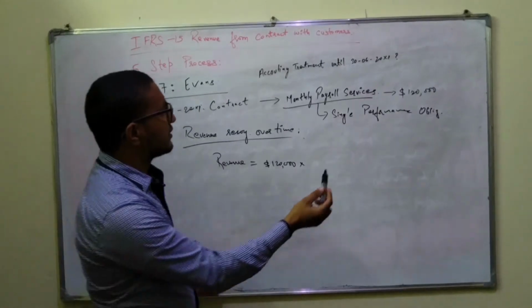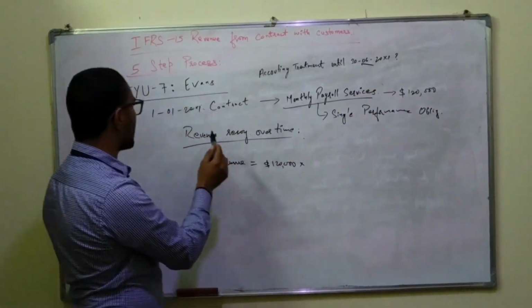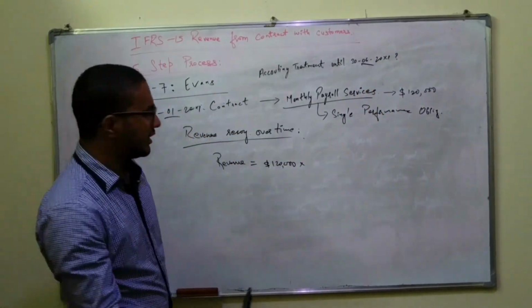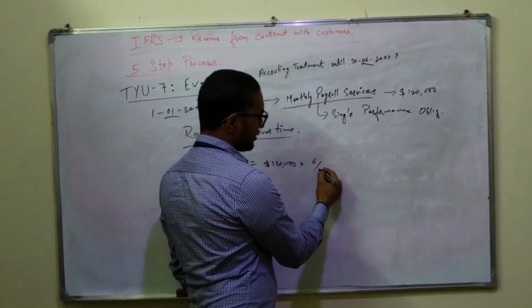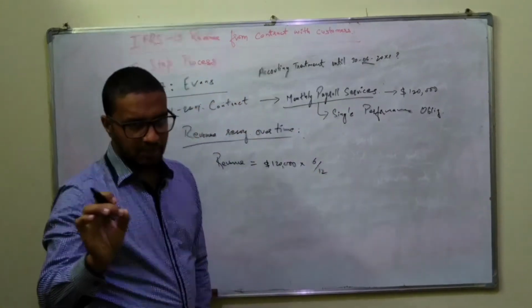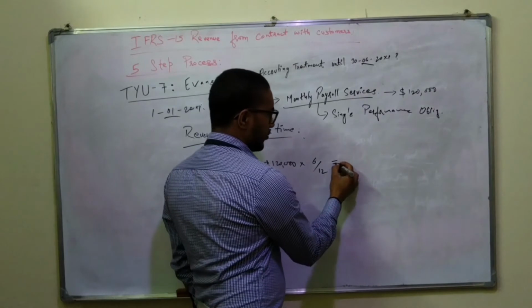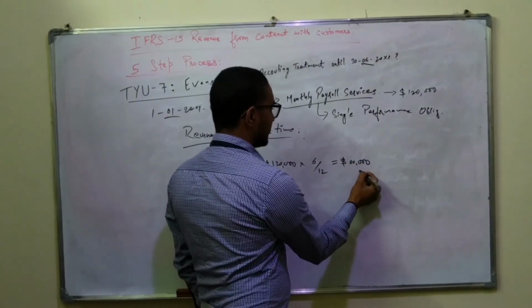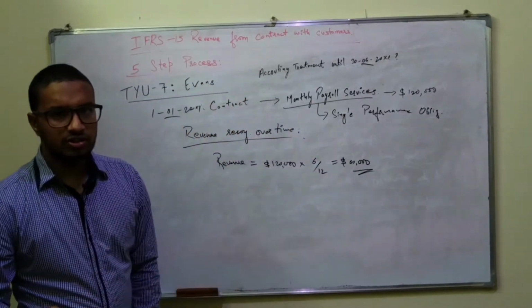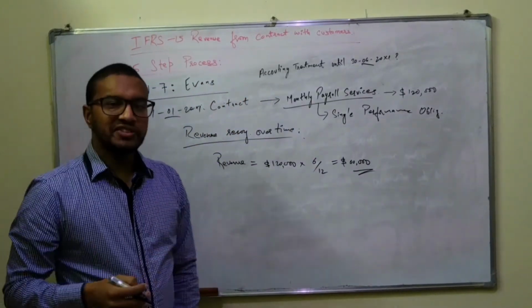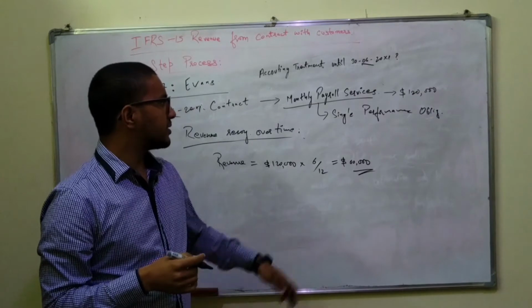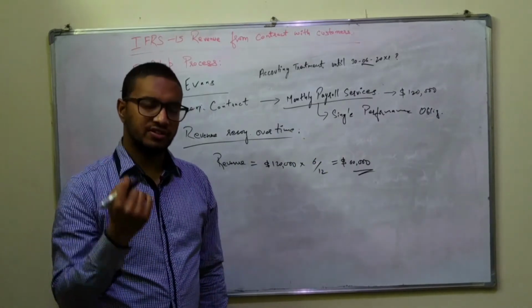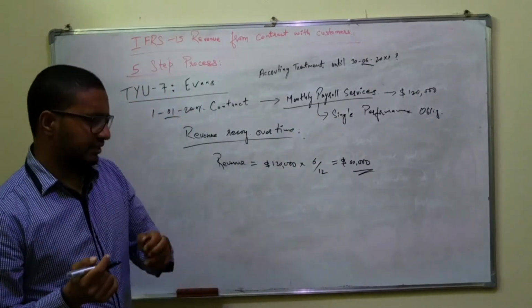We entered into the contract on the first, so we have provided 6 months of service. Total number of months is 12, so our revenue is 60,000. Why? Because we have provided 6 months of service. In this particular case, the customer simultaneously receives and consumes the service.